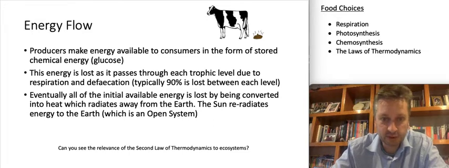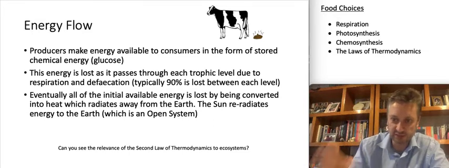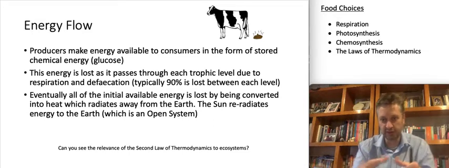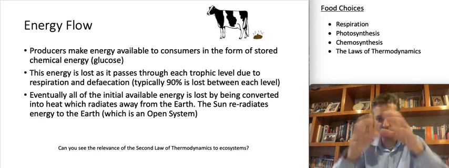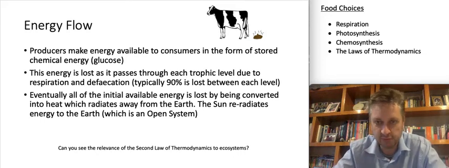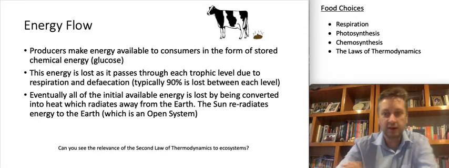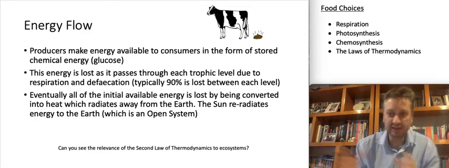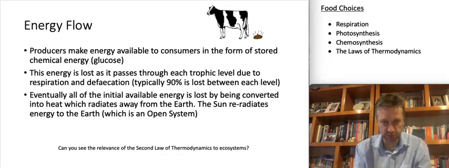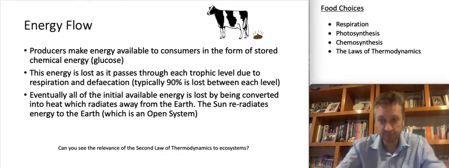What that means is only about 10% of the energy available in a trophic level is actually passed to the next trophic level. Again, you could argue that feeding relationships are extremely inefficient. You might want to tell me why that is. And eventually, therefore, all of the initial energy that was captured by producers is lost.